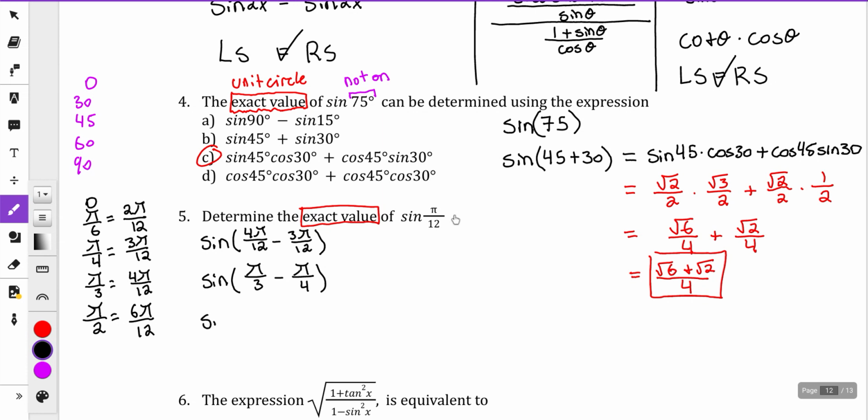Sine of the first angle times cos of the second angle minus cos of the first angle times sine of the second angle.